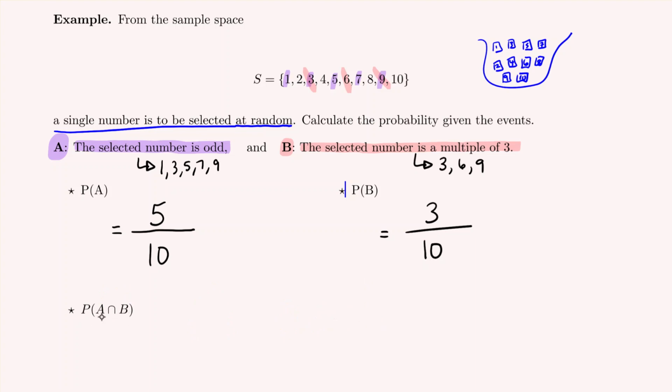So it's asking us, what's the overlap between these two sets? Well, the overlap between these two sets are the digits 3 and 9, because those two digits belong to both groups. So there's 2 digits that belong to both A and B. So the probability that A intersect B occurs would be the 2 things that are from A intersect B divided by the 10 available options.